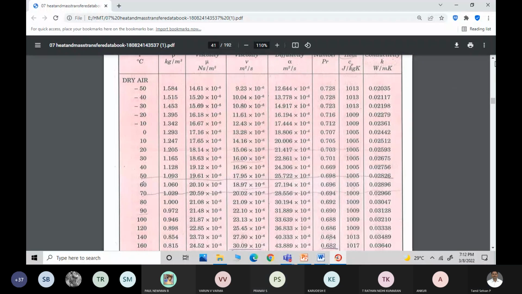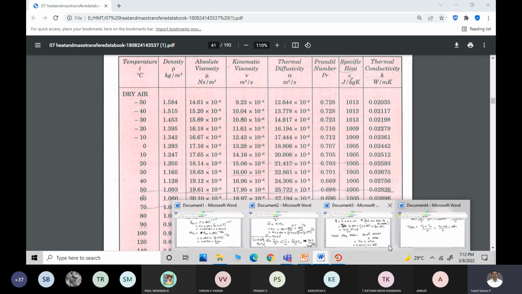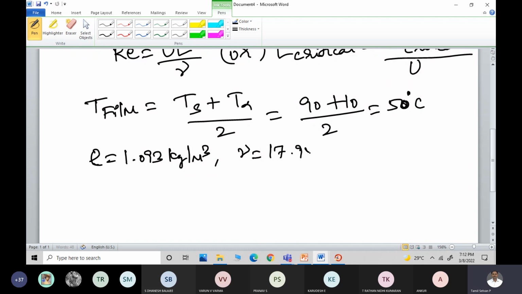Now tell me the values: density, viscosity, nu value, K value, Prandtl number value. What is density? 1.093 kg per meter cube. Viscosity nu: 17.95 into 10 power minus 6.